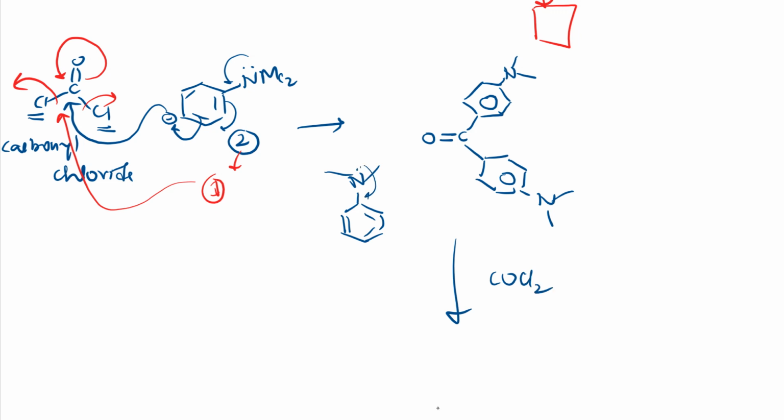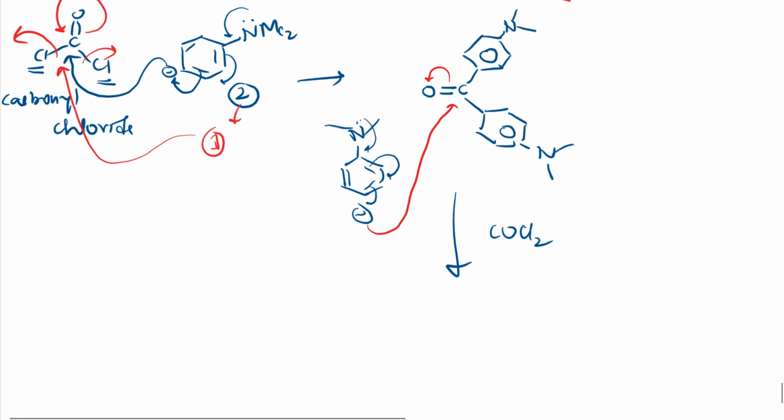See here, from this it gets a negative charge, and from this negative charge it attacks, so it becomes an OH-like structure. Let me draw it here. So I'll get this one.